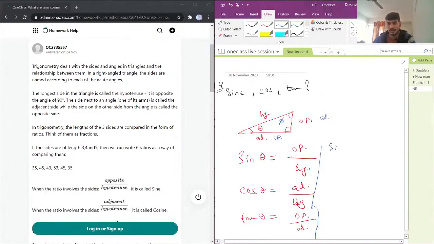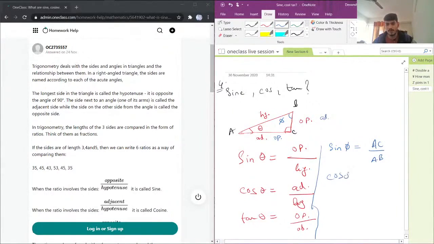So sine of phi will be equal to opposite over hypotenuse. It would be better if I give the coordinates. So it will be AC over AB.